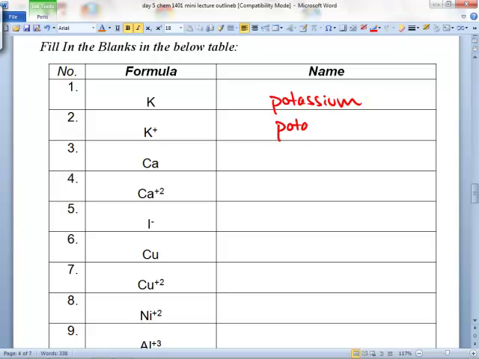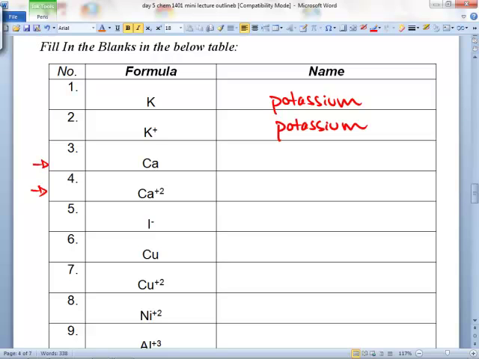Don't say potassium 1 or anything. And why not? Why don't we say potassium parentheses 1? It's too long, yeah. It's in group 1, right? It's fixed. It has no choice. Everything in group 2 is always plus 2. So that kind of covers these 2 then.